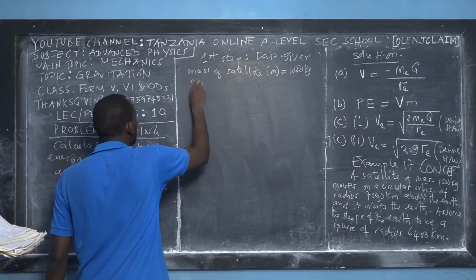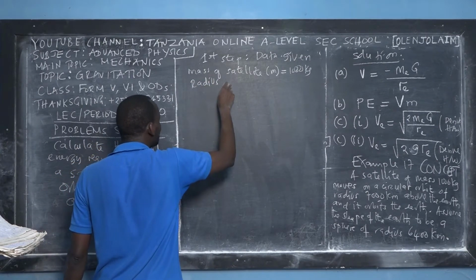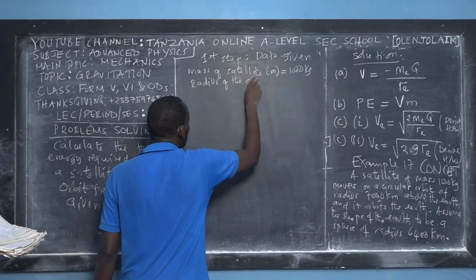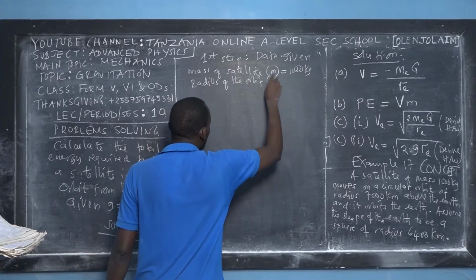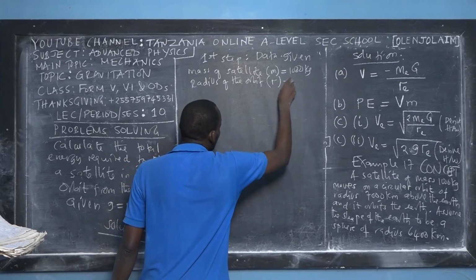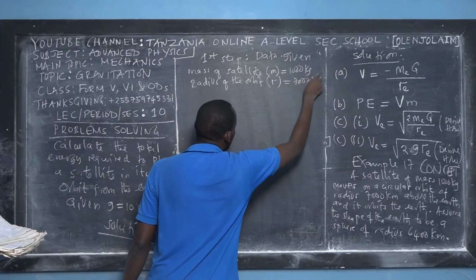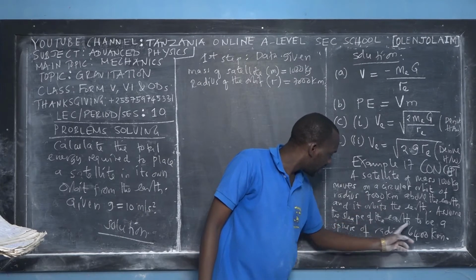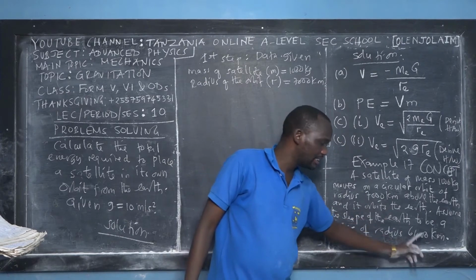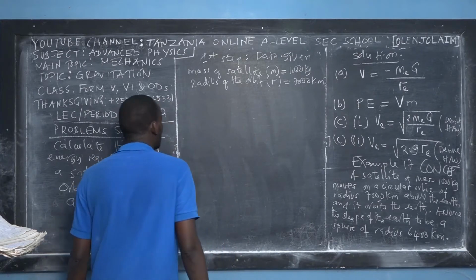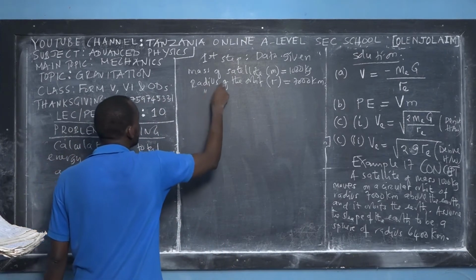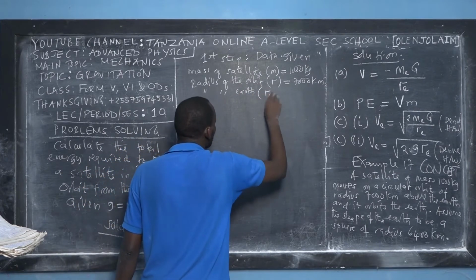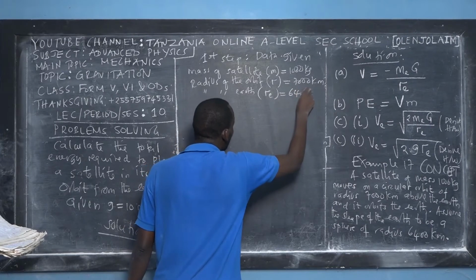So the radius, not the height, the radius of the orbit, let's say R, is equal to 7,000 kilometers. If you compare the radius of the orbit and the radius of the Earth, the orbit is larger. Then the radius of the Earth, with this notation, is equal to 6,400 kilometers.